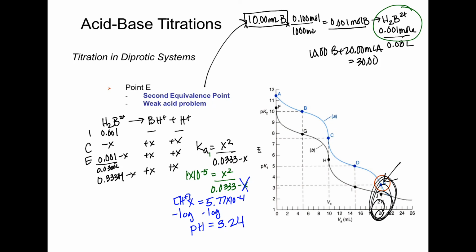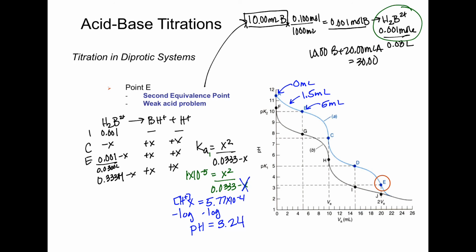All right, so that's how we would do a polyprotic acid-base titration, looking at it from starting with the base and adding, so basically a diprotic base, a base that can get 2 hydrogens, and adding a strong acid. We calculated point A, which was 0 milliliters added. We calculated a point between point A and point B, which was 1.5 milliliters added. We calculated point B, which was 5 milliliters added.